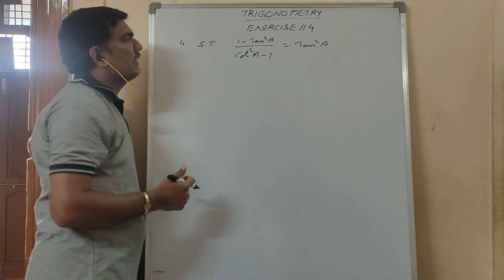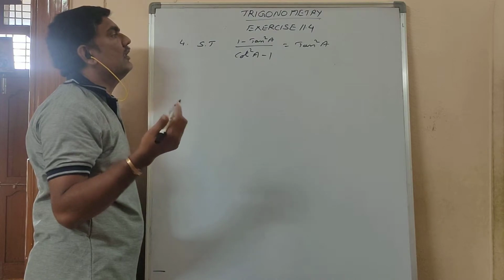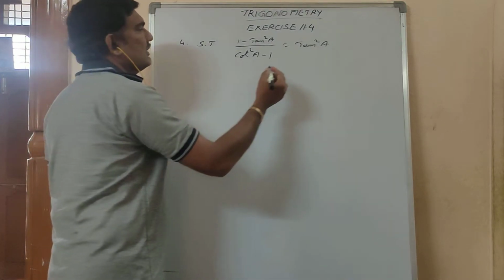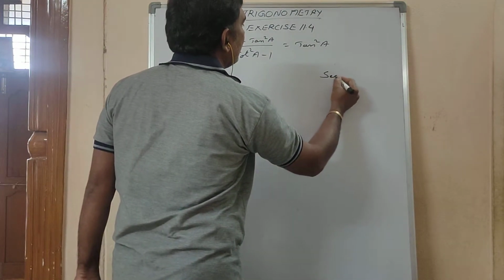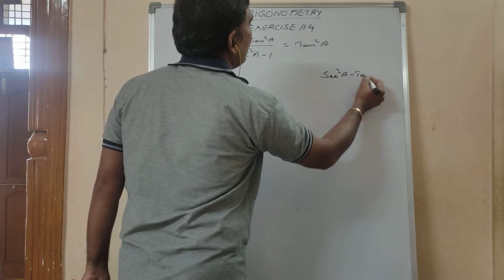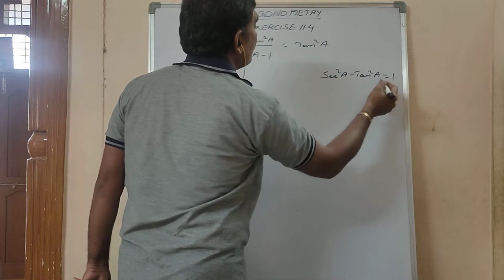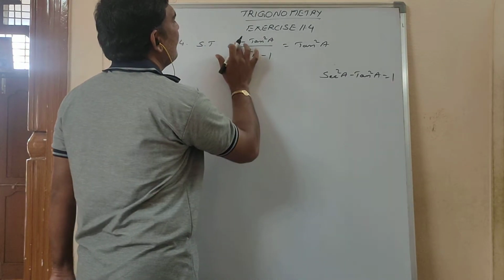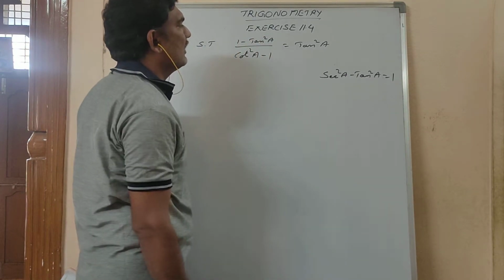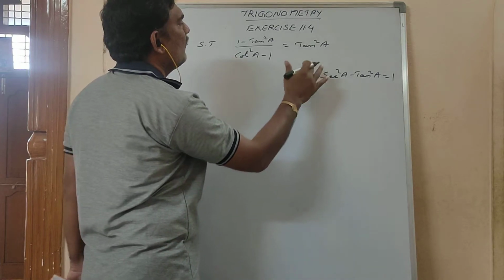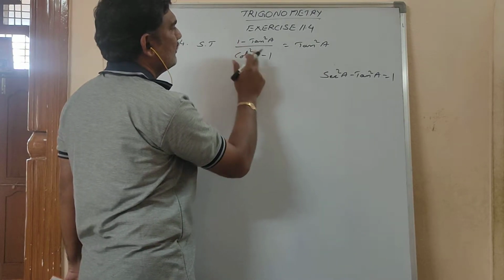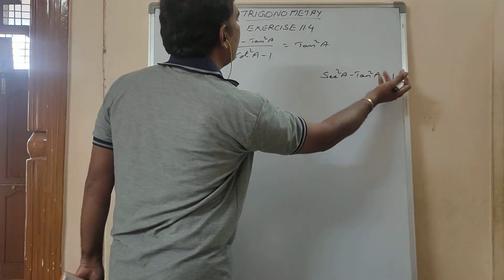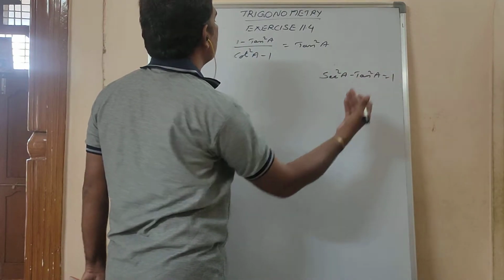1 minus tan square a, it is the second identity. In the second identity, secant square a minus tan square a is equal to 1. So here 1 minus tan square a is there. What formula can you apply? 1 minus tan square a, you won't get it; 1 plus tan square a you will get.